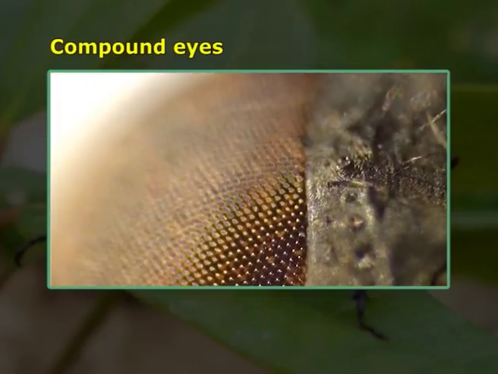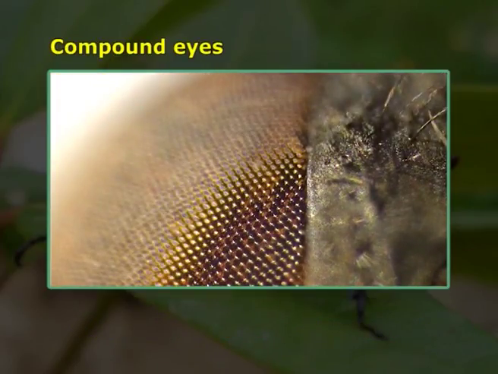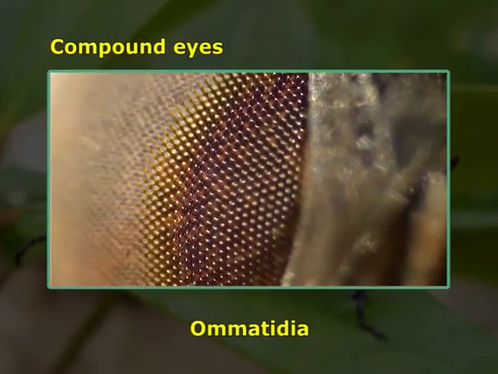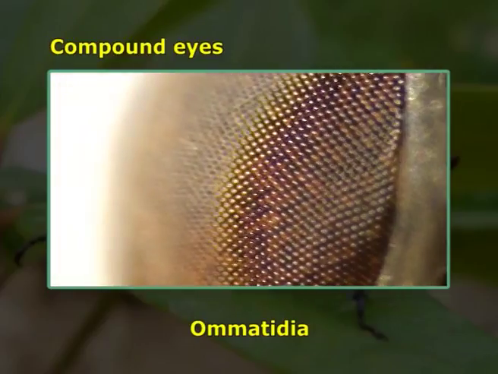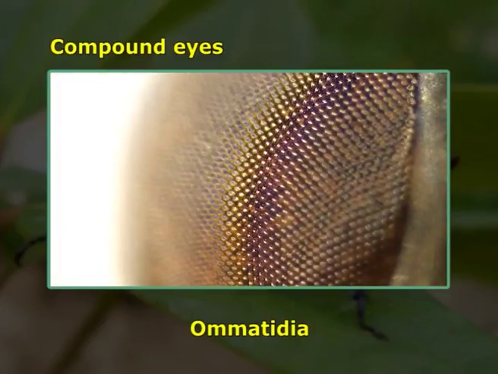The shape of the compound eye varies based on the number of ommatidia. If the number of ommatidia is more, they remain closely packed and they attain a hexagonal shape. If they are few, they remain loosely packed and they attain circular shape.